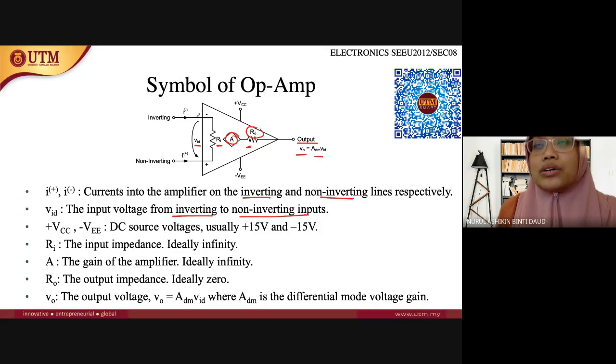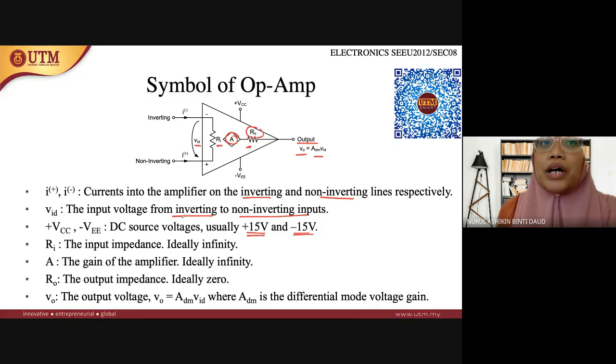These are the currents, but the voltage flows from positive to negative here. Positive VCC and negative VEE are the DC source voltages, usually around positive 15 and negative 15.